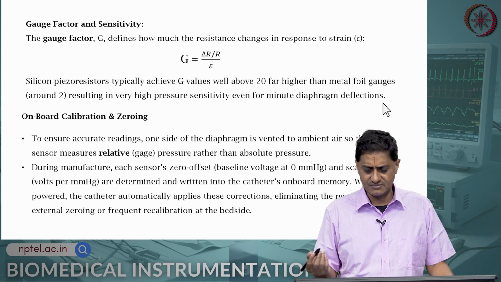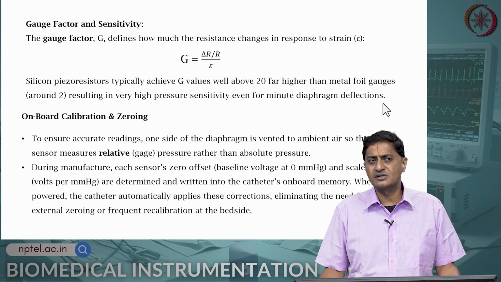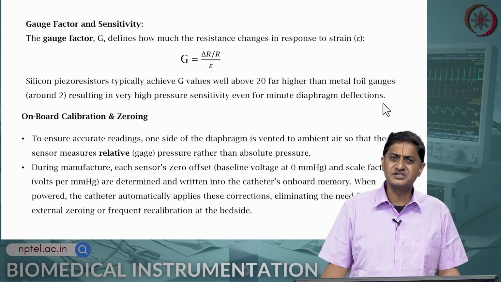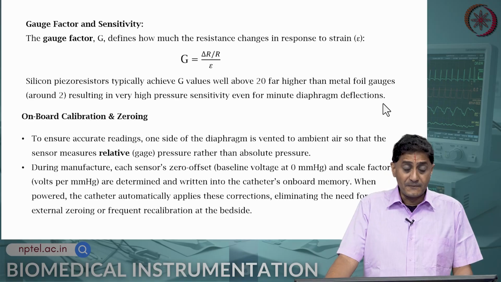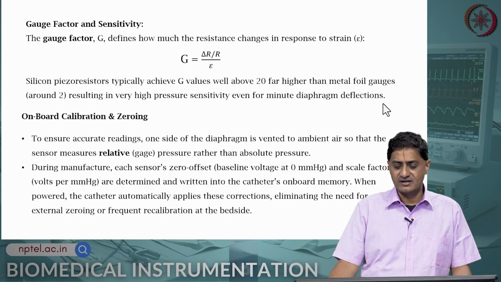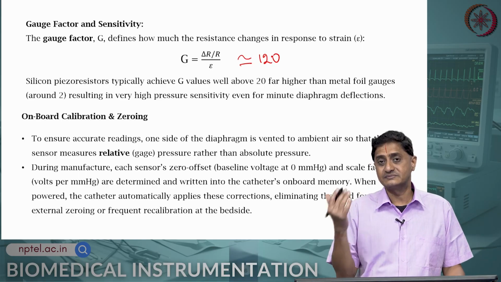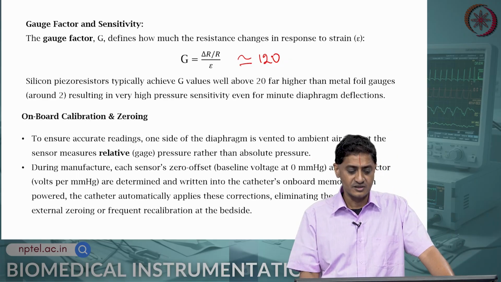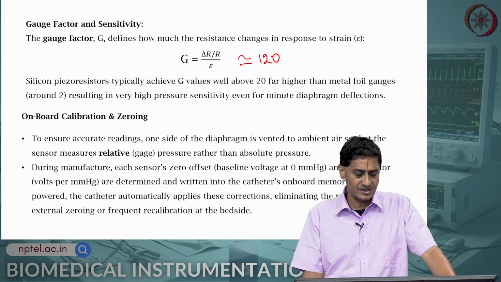Metal foils have a gauge factor of around 2. Some metals, constantan, which we looked at, for example, has a gauge factor of around 20. But silicon strain gauges, silicon piezoresistors, typically have gauge factors of approximately 120, which is very high. So, they are extraordinarily sensitive and can detect minute diaphragm deflections.